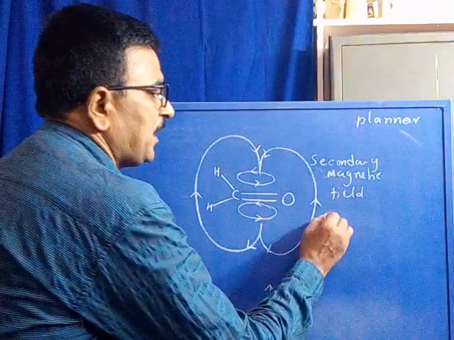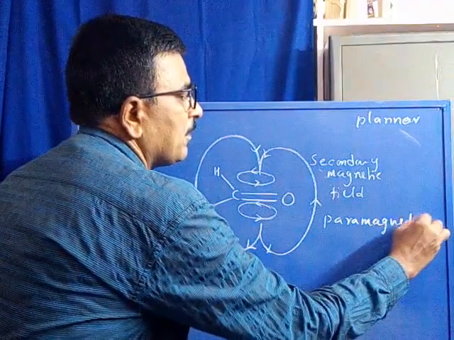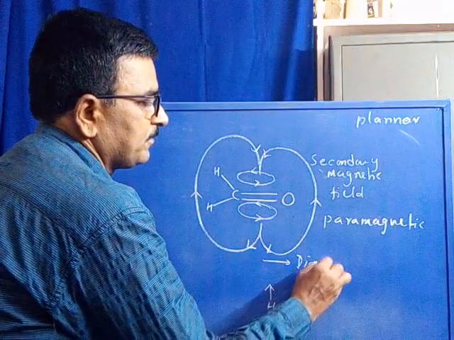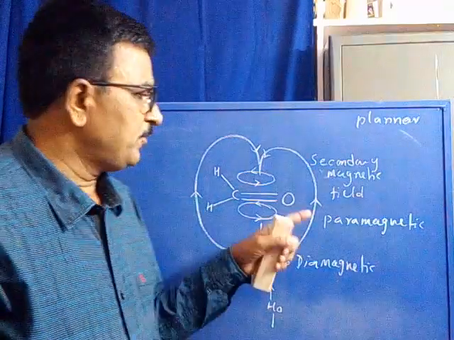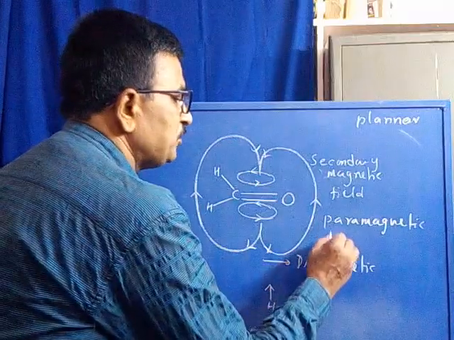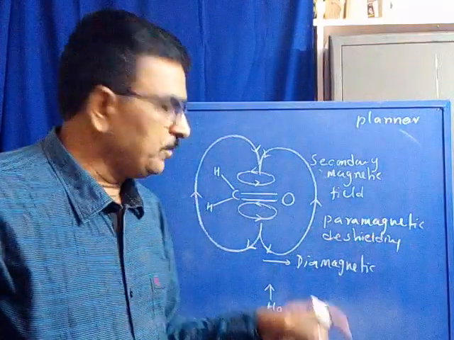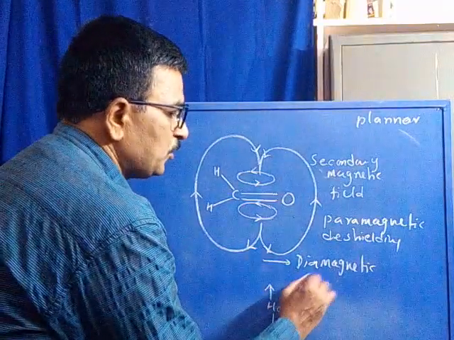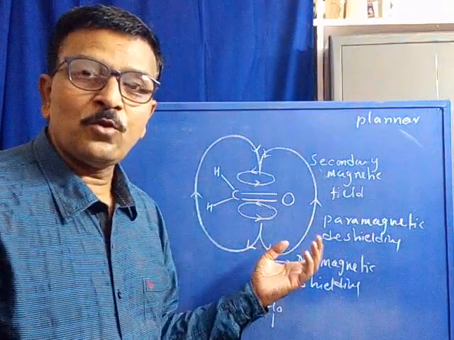That is a paramagnetic field, whereas this is a diamagnetic field. We know the paramagnetic field is also referred to as the de-shielding zone, whereas the diamagnetic zone is referred to as the shielding zone. So this is the anisotropic effect.